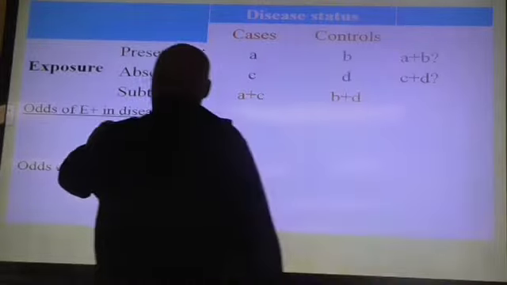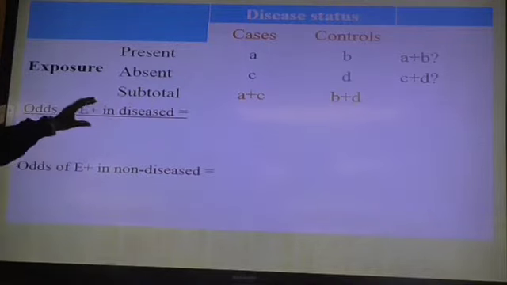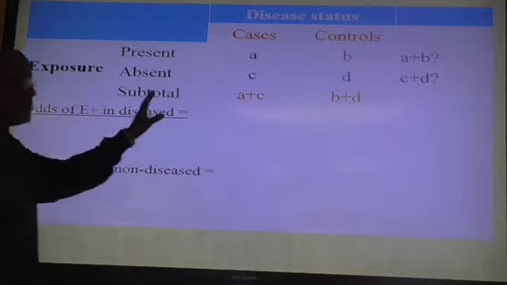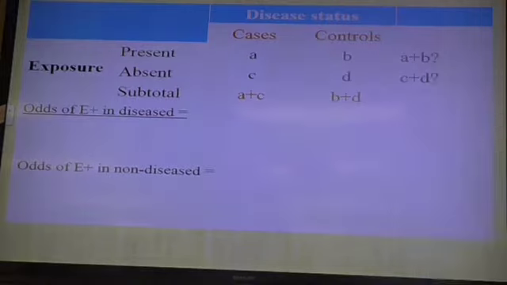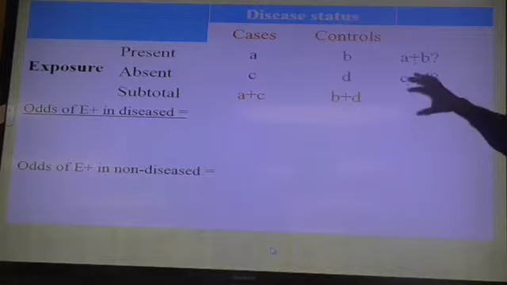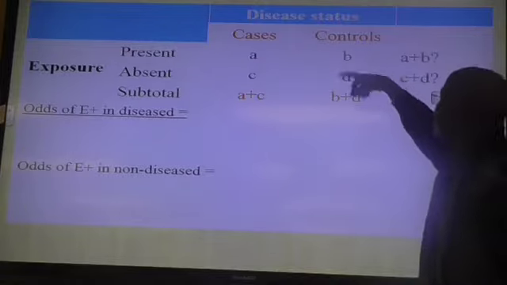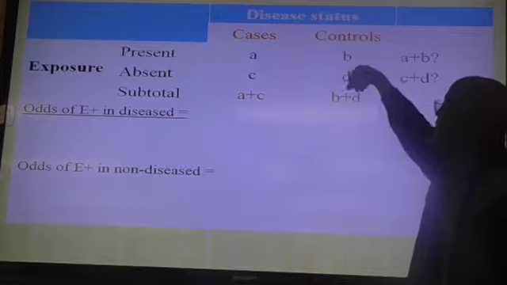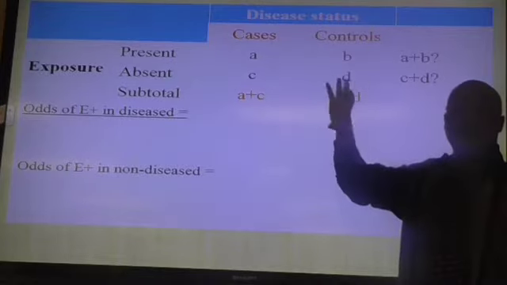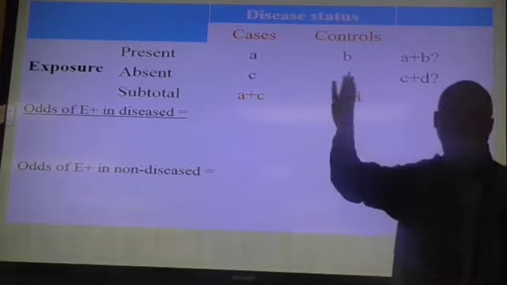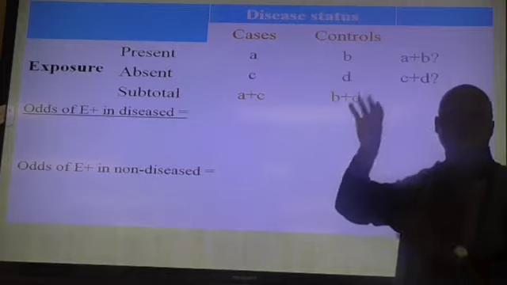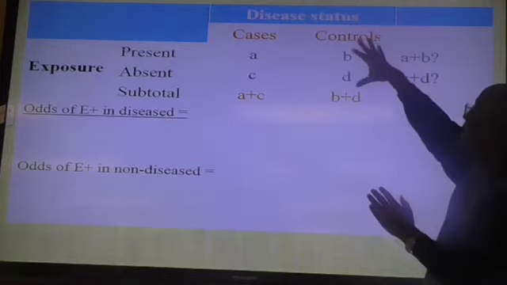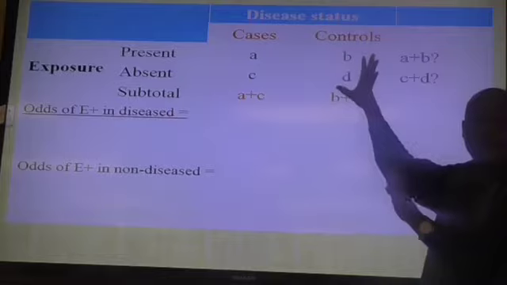Now, if you want to use what we normally do, let me just do the first one. So now we have, as I said, we cannot calculate this one, but we select control irrespective of the exposure. Cases also, we don't know whether they are exposed or not. What we know is that they are diseased, and these are not diseased. That's all we know.